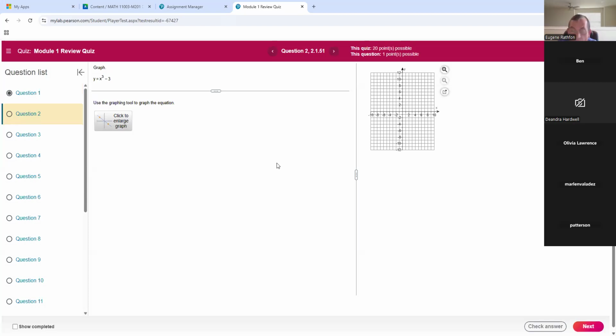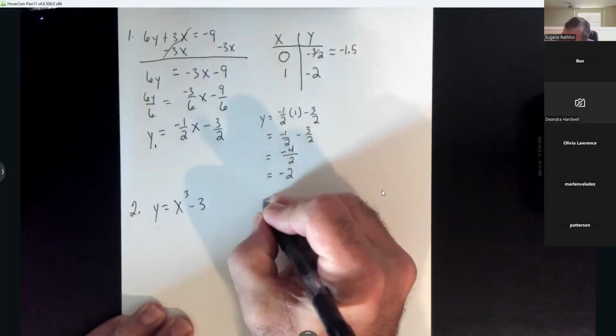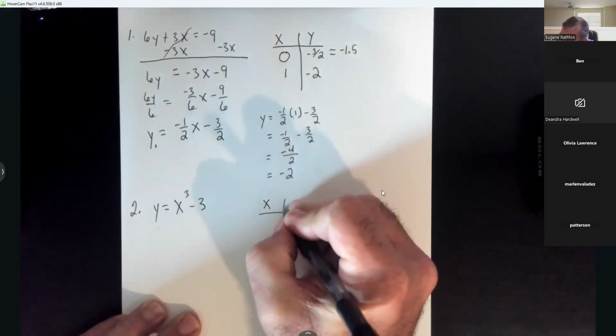And this one wants me to graph y equals x cubed minus 3. So let me show you what I would do on that one. So this one's already solved for y. So I will just set up my table, my x and y table.